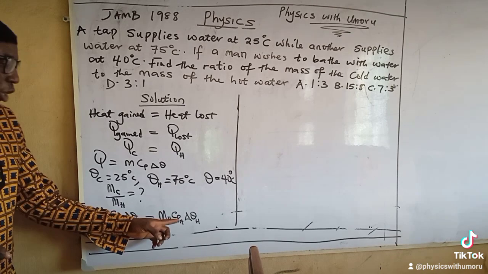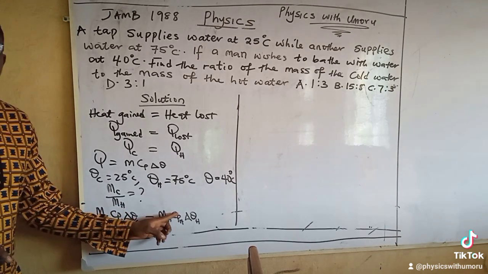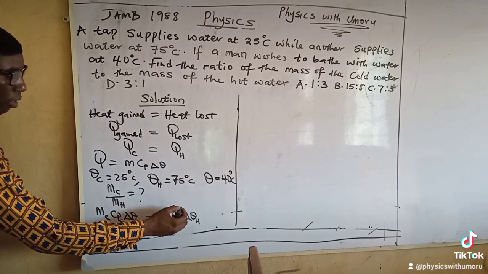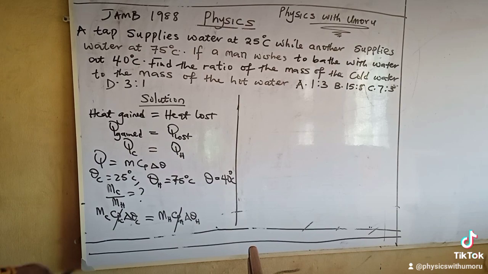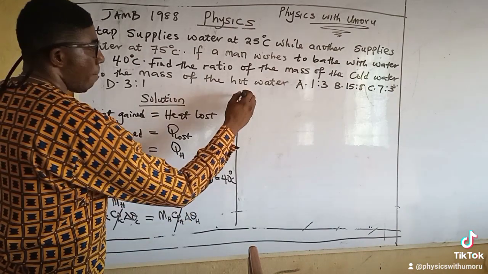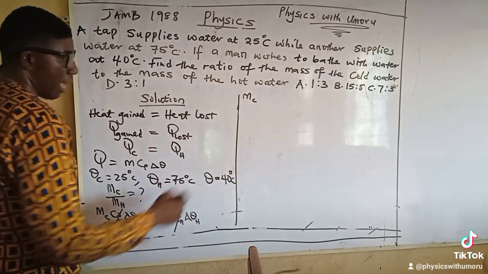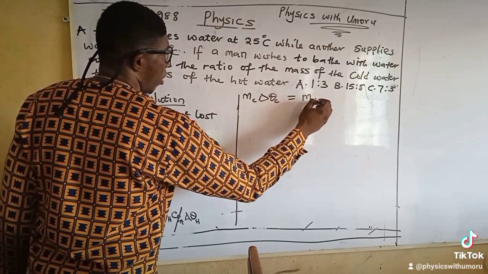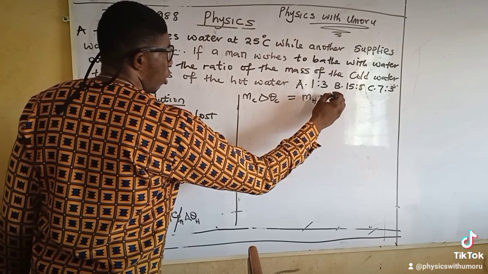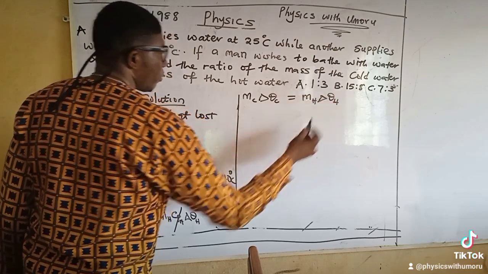Because the hot water and the cold water have the same specific heat capacity, we can cancel it out. Now we are left with mass of cold times change in temperature of cold is equal to mass of hot times change in temperature of hot.